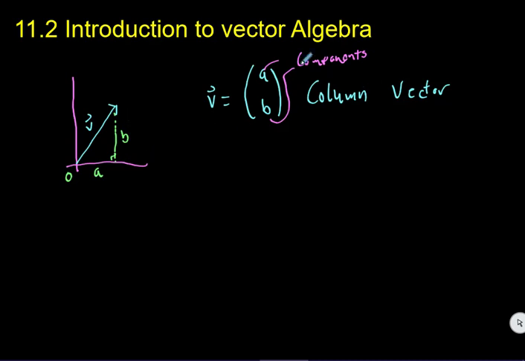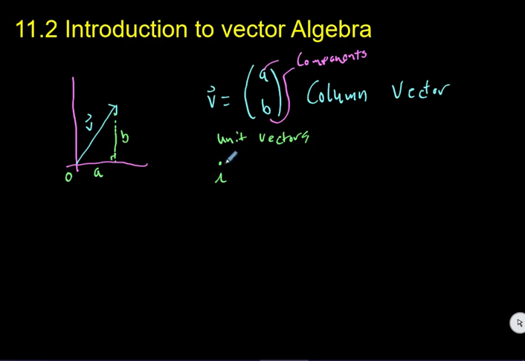Good. Now, we also have another way that we represent vectors, right? We're going to define our vectors i and j, and these are called our unit vectors. We use the letter i, and in your book it'll be highlighted.